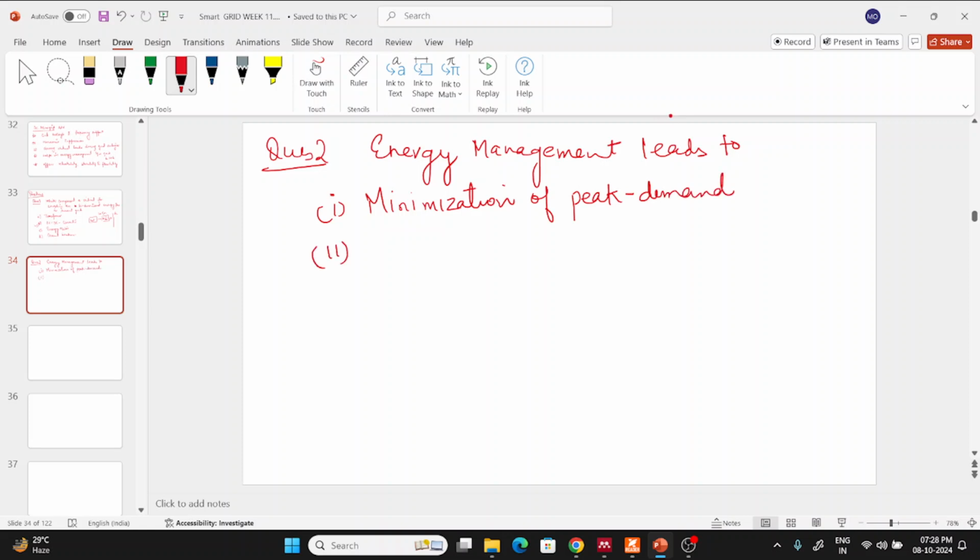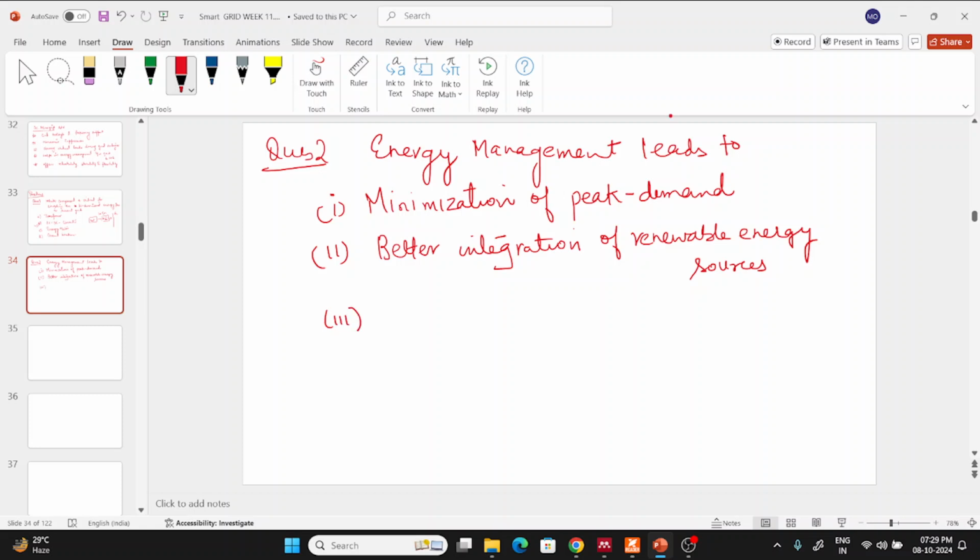Second, better integration of renewable energy sources.